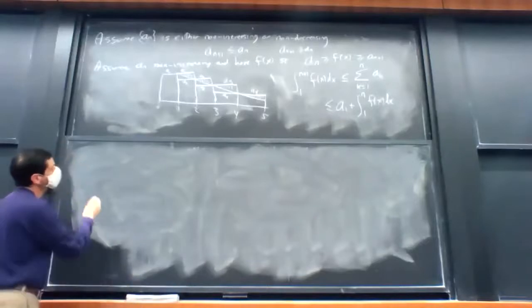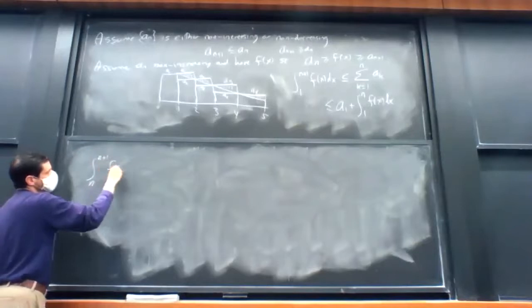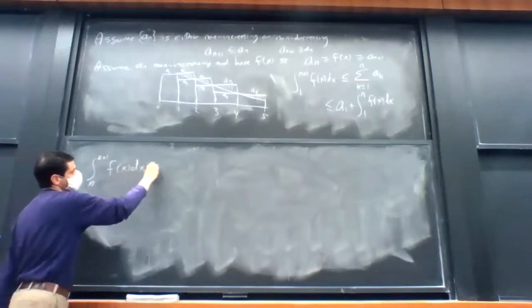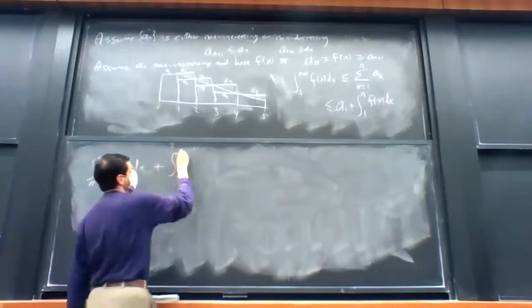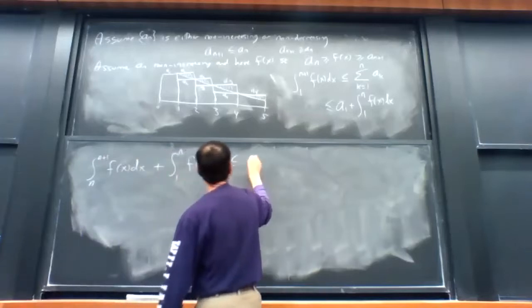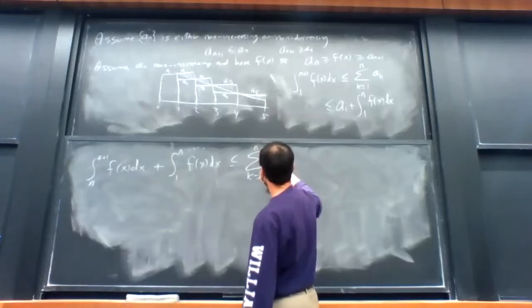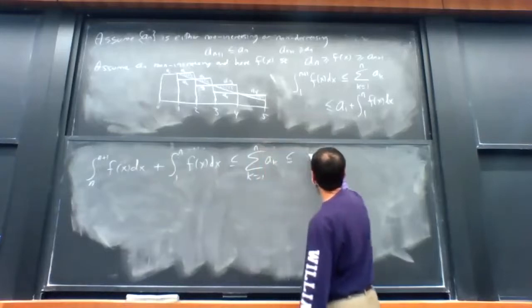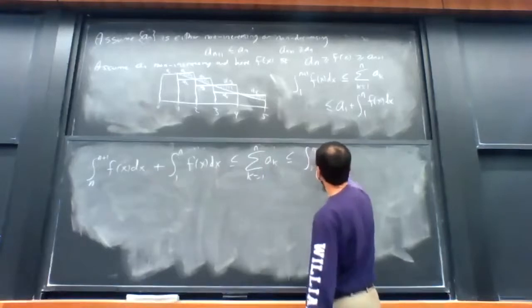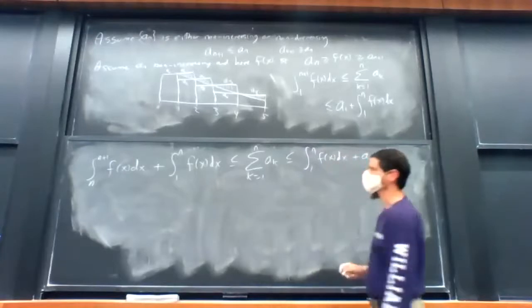The integral from n to n plus 1 of f of x dx plus the integral from 1 to n of f of x dx is less than or equal to the sum k equals 1 to n of a_k, which is less than or equal to the integral from 1 to n of f of x dx plus a_1.